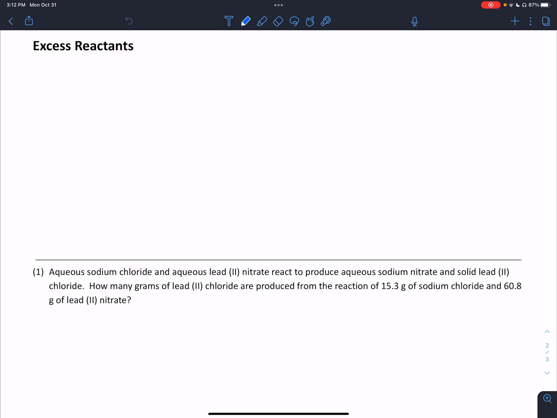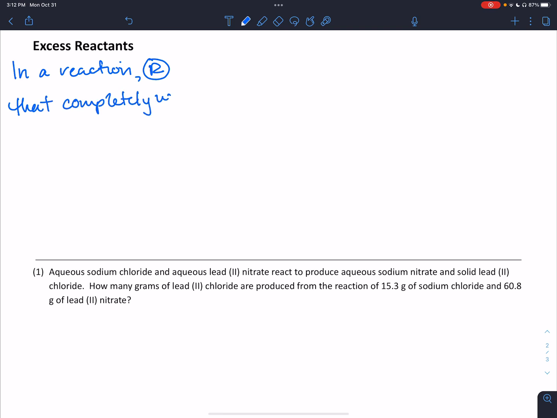All right, so an excess reactant is going to be one of your reactants within any chemical reaction. So we know that in a reaction, the reactant that's completely used is our limiting reactant. All right, it is completely used.